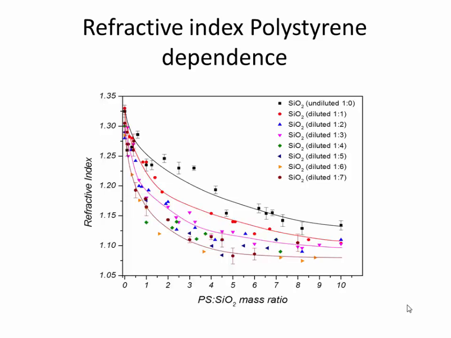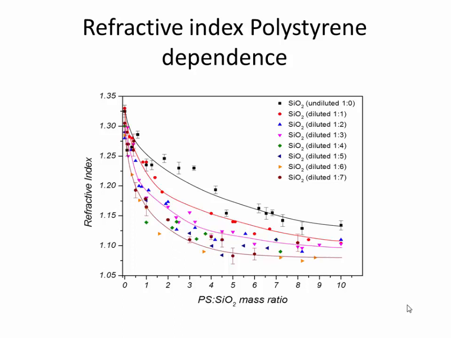So the first thing we did was we took 10 nanometer silica nanoparticles, diluted them, and then added increasing amounts of polystyrene to see how much we can control the refractive index.